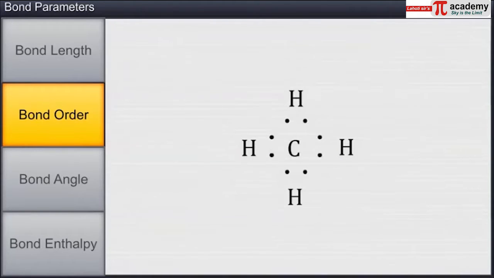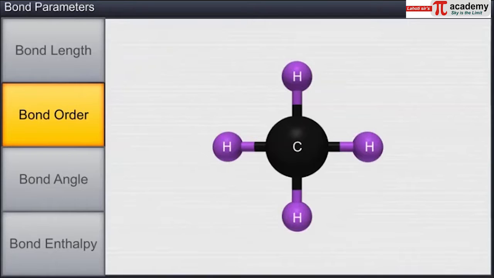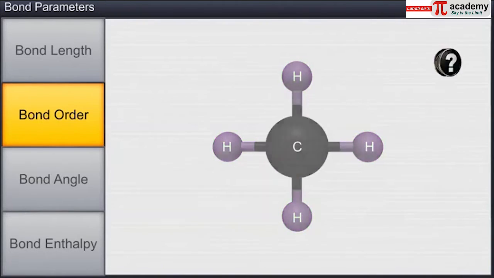From the Lewis dot structure, we get the sequence of atoms in a molecule. But what about its structure? For this, we need to look at the next bond parameter, bond angle.